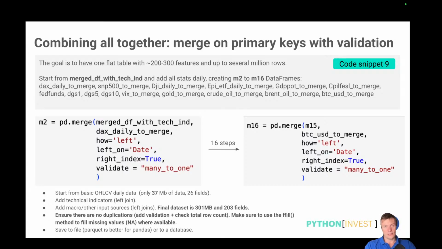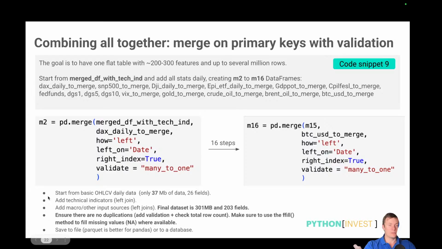And after this initial data frame with indicators, I just add 1, 2, 5, or 10 features from each data frame to the unified data set. And here you can see that there are many steps from M2 to M16, approximately 16 steps.